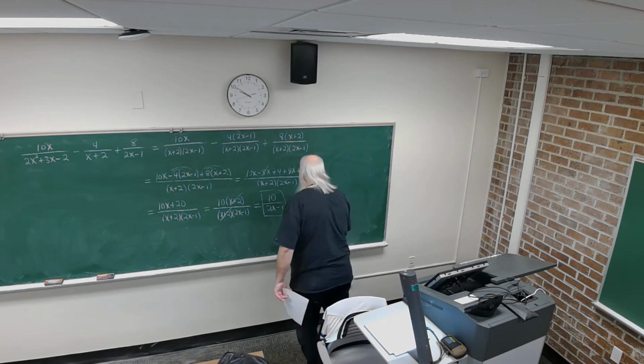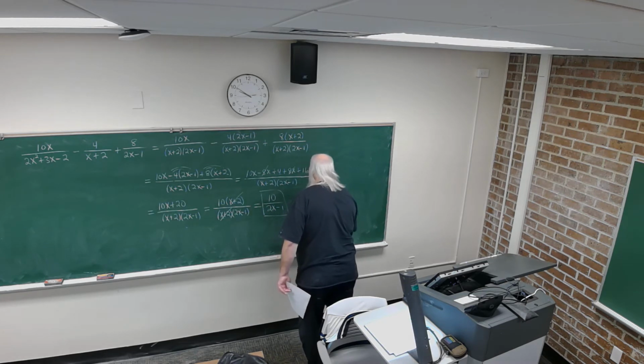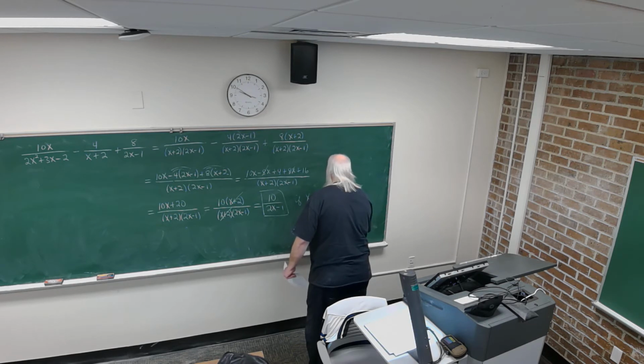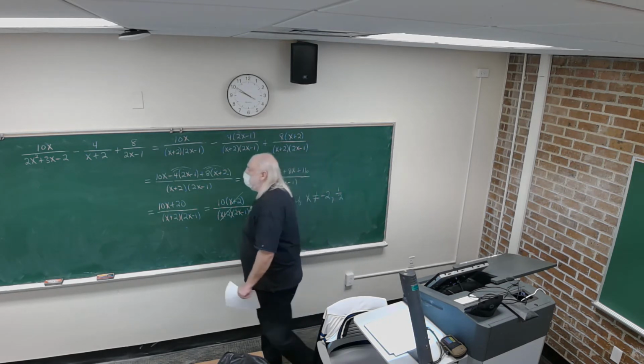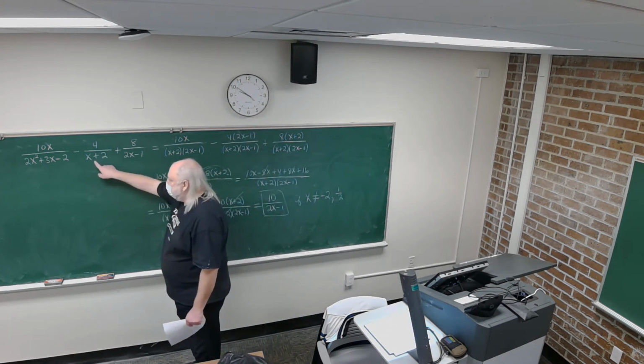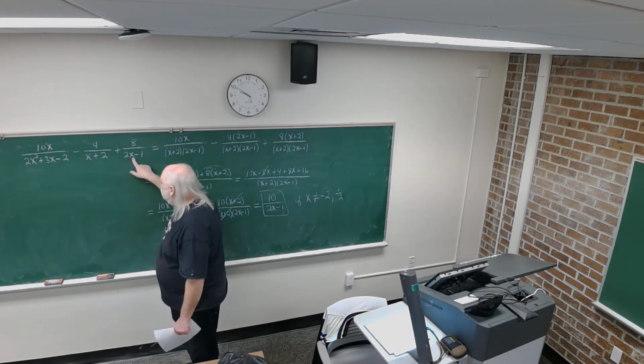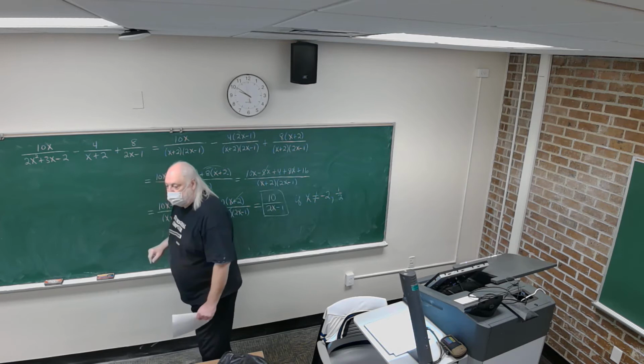Yeah, -2, so x can't equal -2, and it can't equal 1/2. Putting -2 in here makes this denominator equal to 0, and 1/2 put in for x here makes this denominator 0.